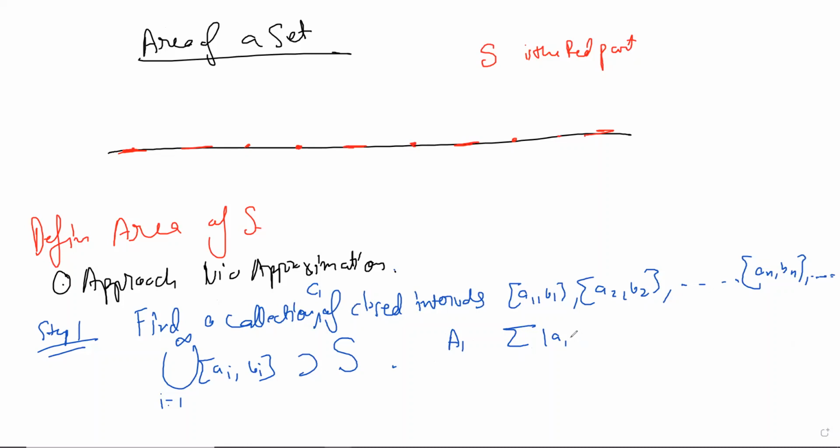What's the sum? This is A1, the first approximation of the area. Then you can take a different collection, C2, and you get a different approximation. A better one. So probably this A1 was like this.